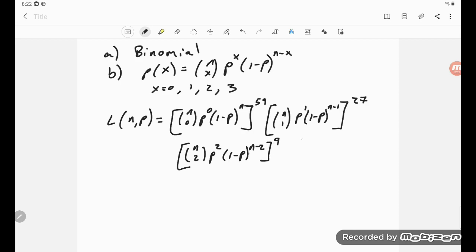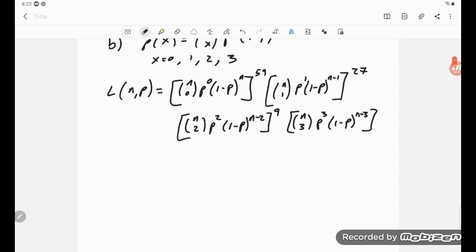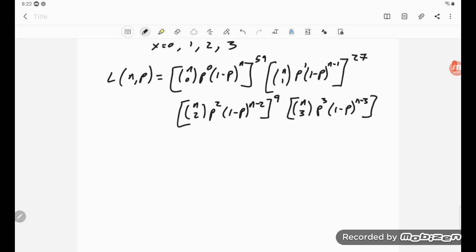And there were 9 of those, and then 1 of the 3s. So we have P to the 3, 1 minus P to the N minus 3. Okay, so that looks pretty bad, but we can simplify that a little bit.